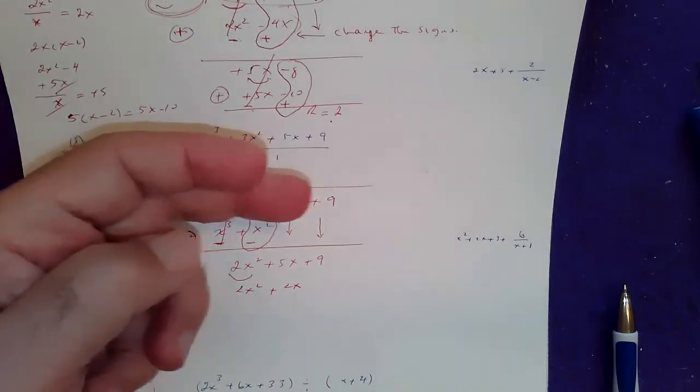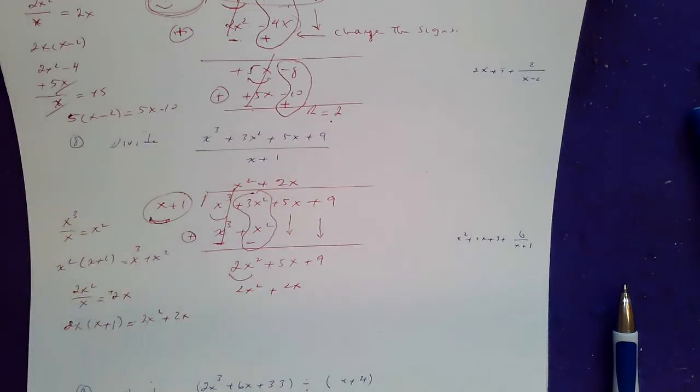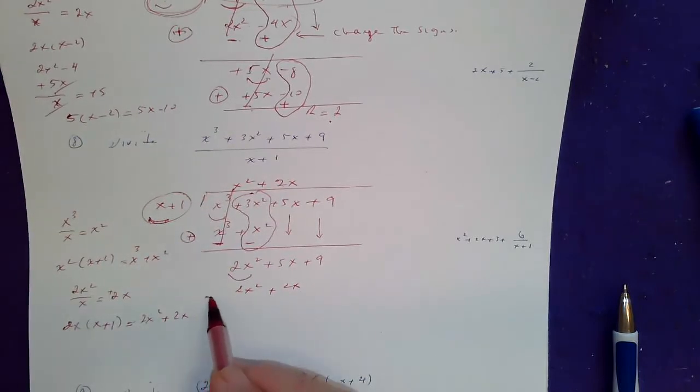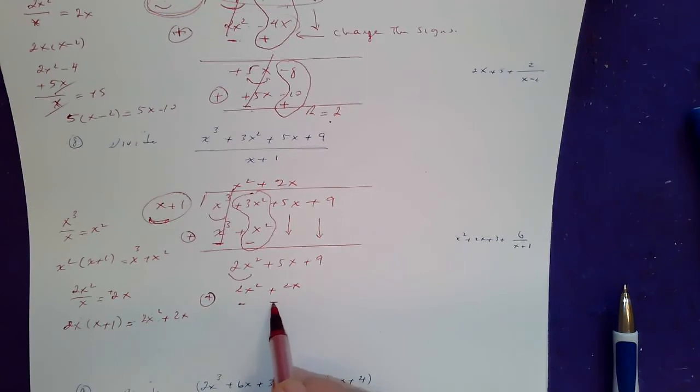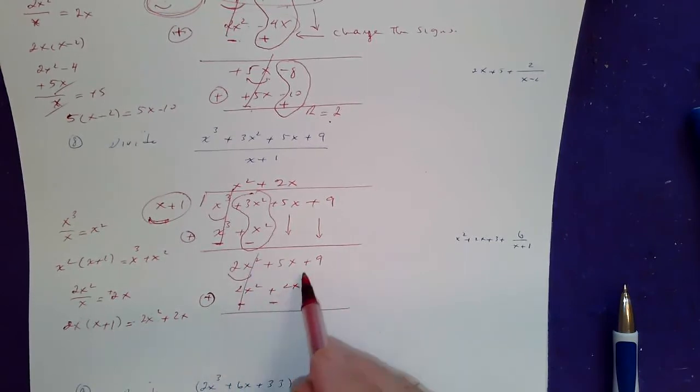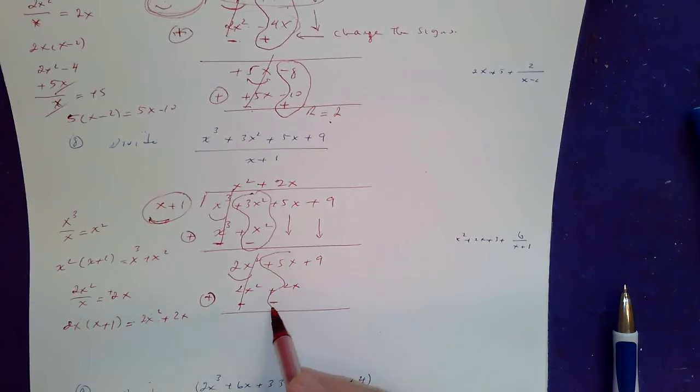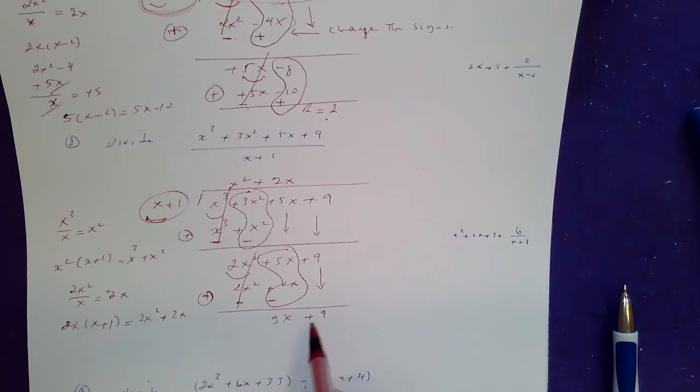Remember, the more terms you have, the longer it takes to get to the answer. Add these guys up, but don't forget to change the sign of these guys all the way across. These guys cancel. This is 5x minus 2x, which is 3x. Bring down the 9.